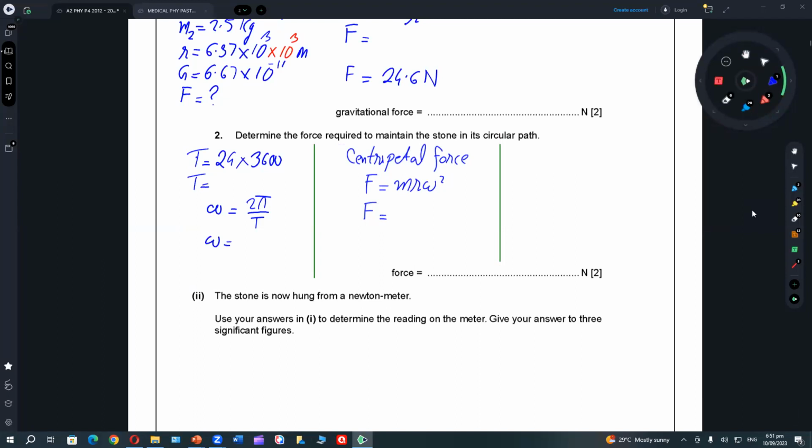Let me know how much omega is coming. Can anyone tell me how much omega is coming after putting the time period? The angular velocity.